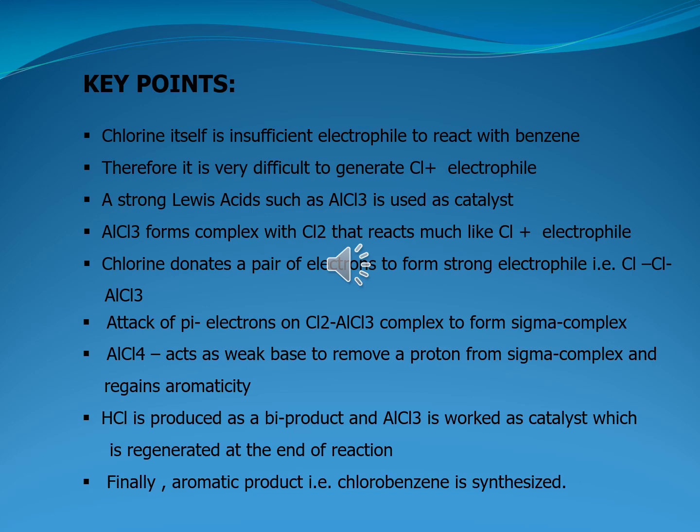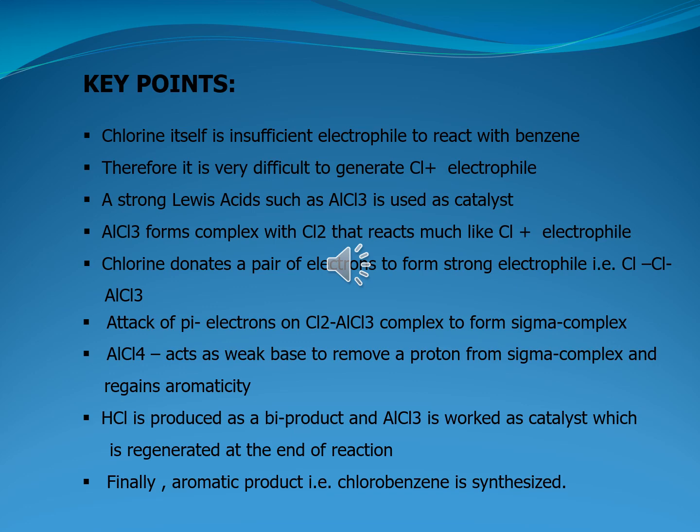A strong Lewis acid such as aluminum trichloride is used as a catalyst. Aluminum trichloride forms a complex with chlorine that reacts much like a chlorine electrophile. Chlorine donates a pair of electrons to form a strong electrophile in the form of a chlorine electrophile.